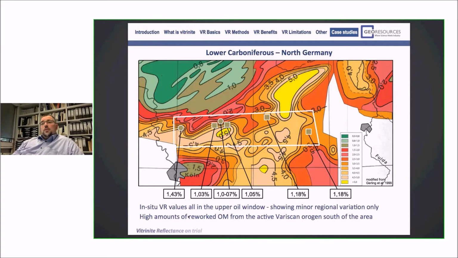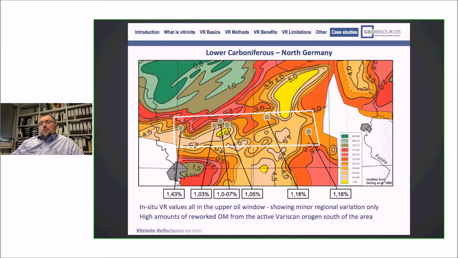And so we see here that we have a similar maturation as is common in the North German basin. So this also makes things more normal, because now the southern margin of this basin is no longer so hot compared to the basin center.